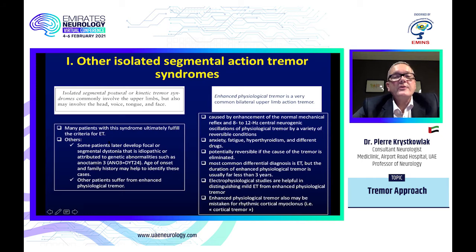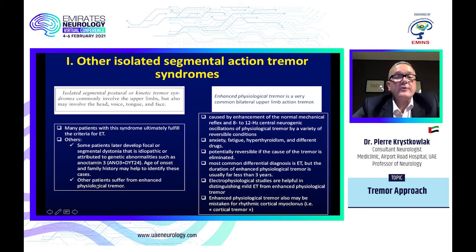So many patients with this syndrome ultimately fulfill the criteria for essential tremor. And others later develop focal or segmental dystonia that is idiopathic or attributed to genetic abnormalities such as DYT24. Age of onset and family history may also help to identify these cases.